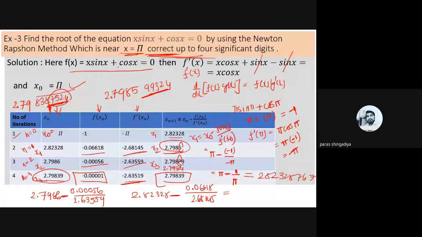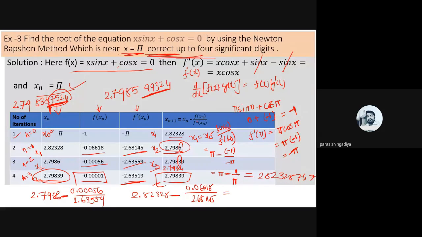So now compare this x3 and x4 answer, two consecutive answers. The x3 answer we have is 2.79839, and the x4 answer is also the same, 2.79839. So they are matched up to the 4 decimal places.